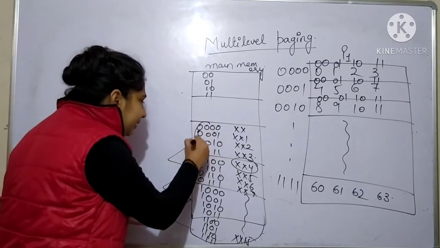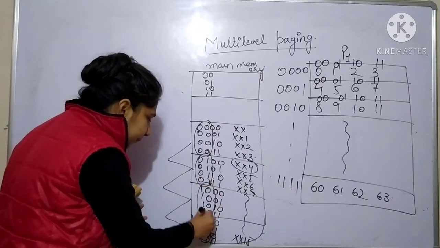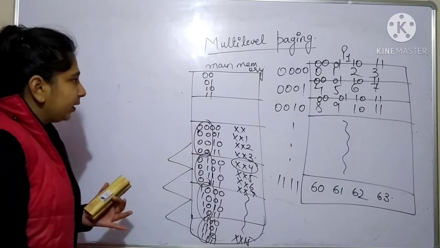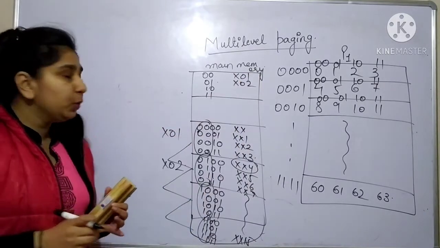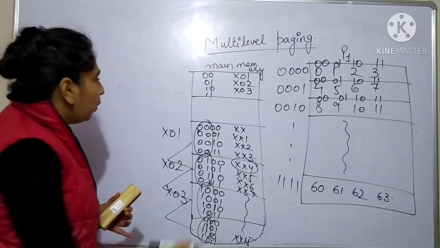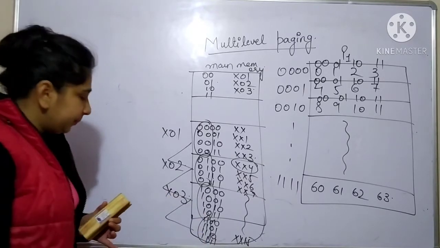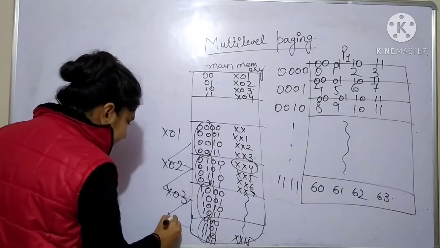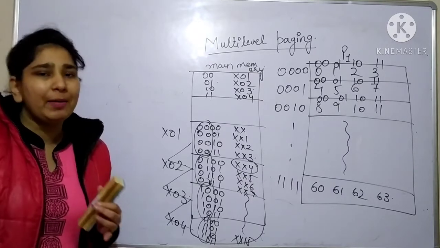If you look at it, the 00 is common here, then 01, 10 and 11. So if you want to go to frame 00, you go to this memory location. If you want to go to frame 01, you go to this memory location. If you want to go to 10, you go to this memory location. If you want to go to frame 11, go to this memory location. This way we are trying to reduce the total number of memory accesses.